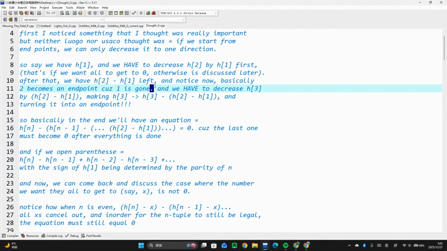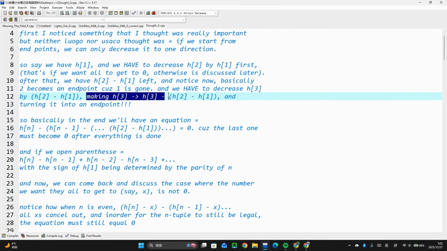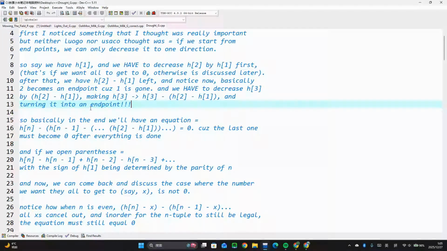And now I have to decrease h3 by h2 minus h1, turning h3 into this and turning that into an endpoint. So the final term of this whole equation is going to be hn minus hn-1 minus hn-2, and so on until we get to here. And notice how that cancels out because the last one must become 0.